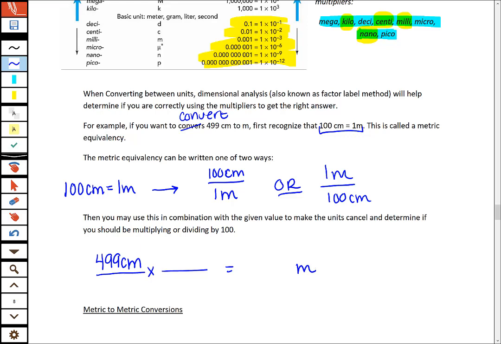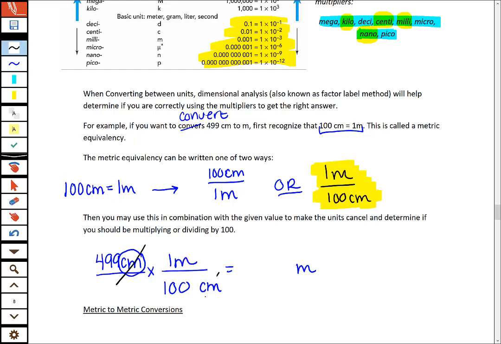We need our centimeters to cancel. So if we need our centimeters to cancel, centimeters has to end up on the bottom of the next term. And so we use this conversion factor, the one that puts the 100 centimeters on the bottom and the 1 meter on the top.